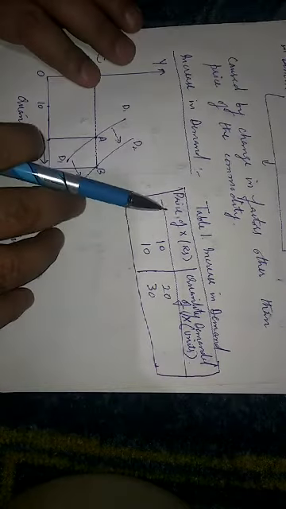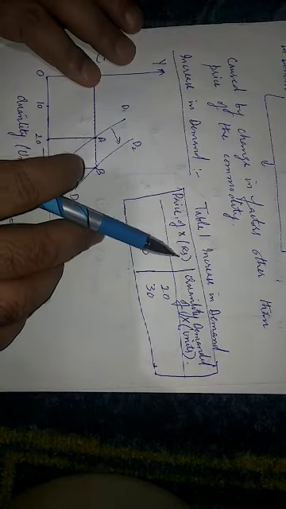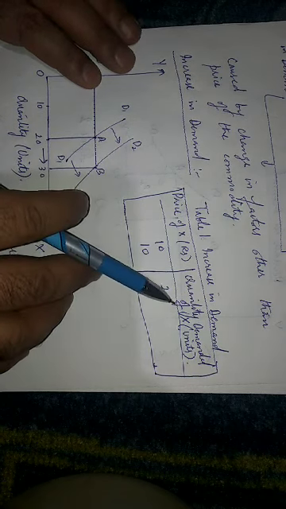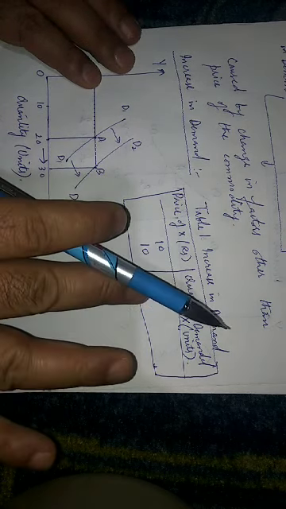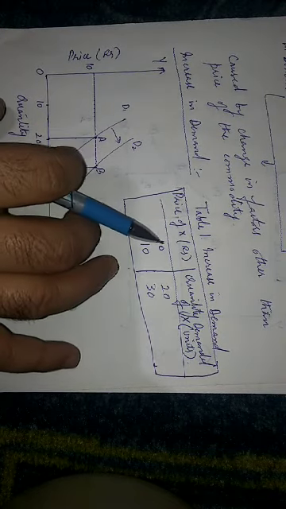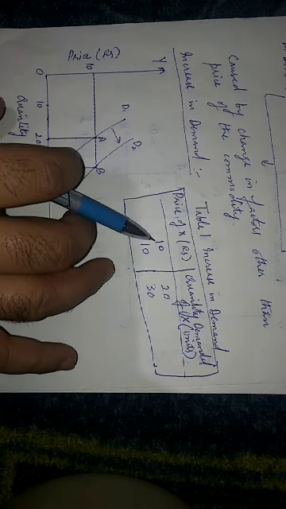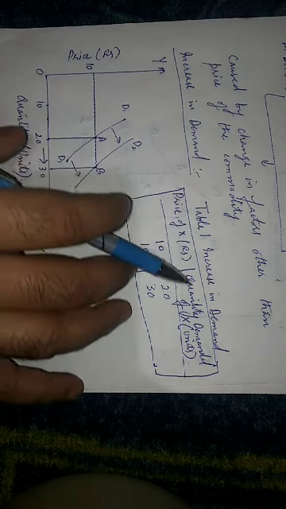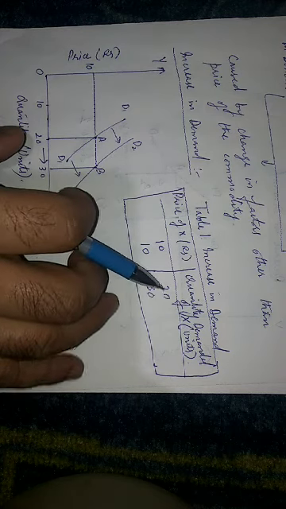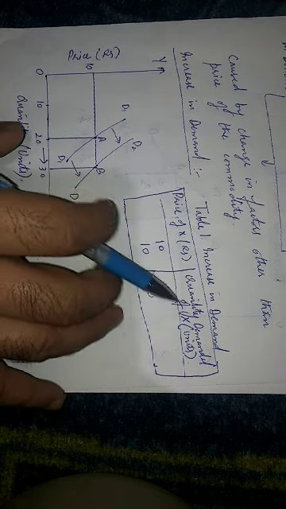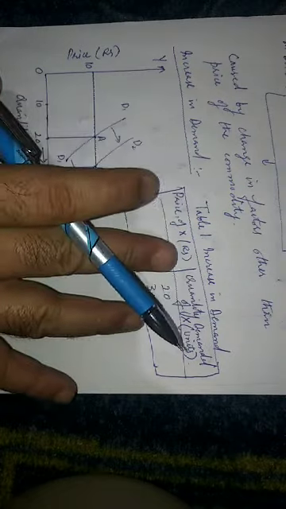This table shows the price of the commodity X in rupees and the quantity demanded of commodity X in units. At the initial stage, when the price of the commodity is rupees 10 per unit, the quantity demanded of commodity X is 20 units, right?